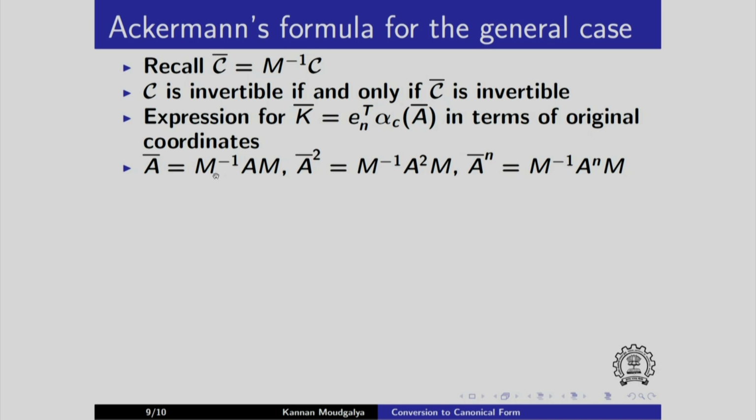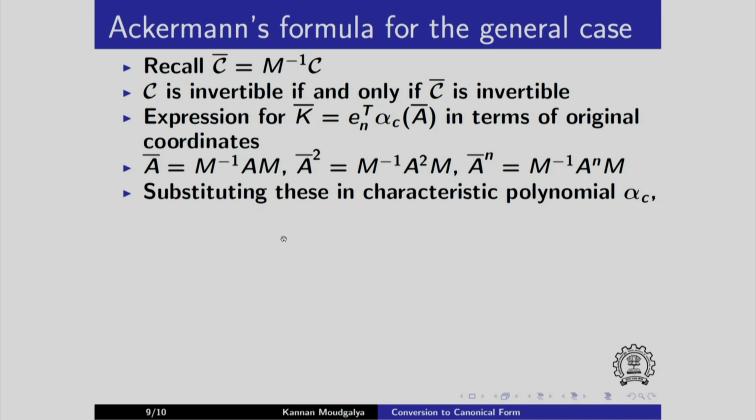All of them have M inverse in the front and M at the rear. Let us substitute these in the polynomial alpha c. So alpha c of A bar, which has powers of A bar, will have M inverse in the front, M at the back as given here.